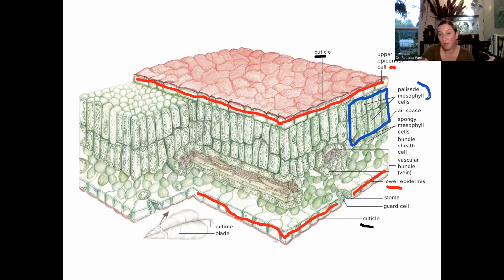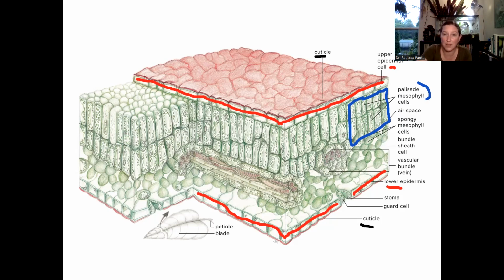One way I like to remember it is because, you know the Palisade Parkway, you know the Palisades, those really tall rocks right across the George Washington Bridge. It kind of looks like that, right? Kind of looks like those big tall rocks. So Palisade Mesophyll at the top.